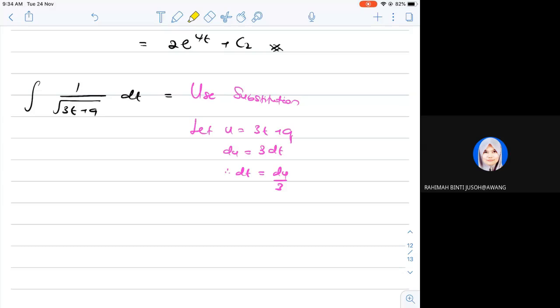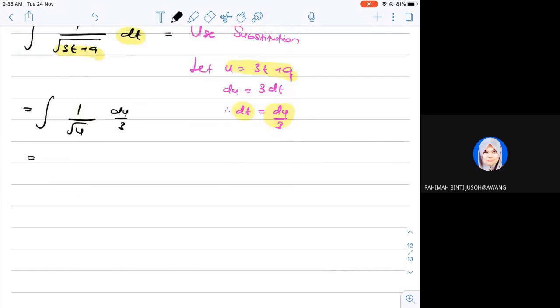If we substitute here, this equals the integration of 1 over the square root of u, with dt equal to du over 3.